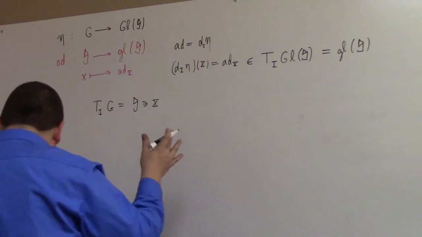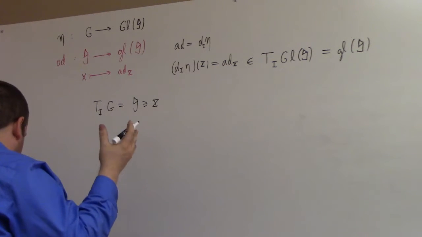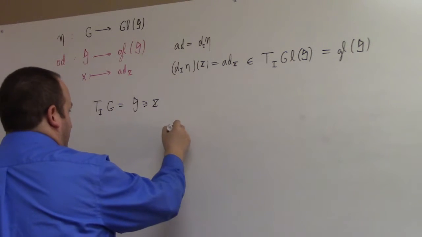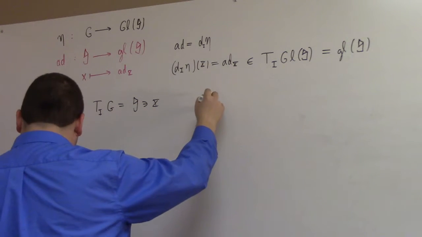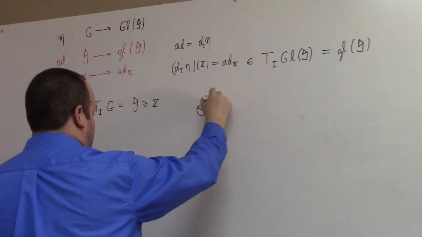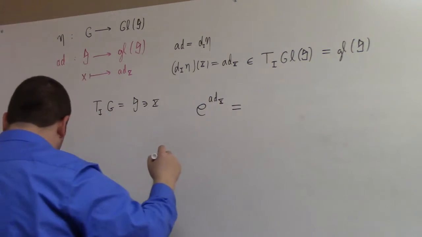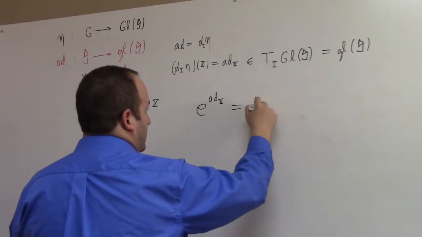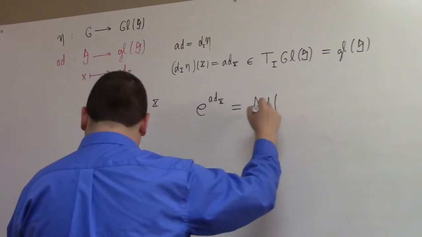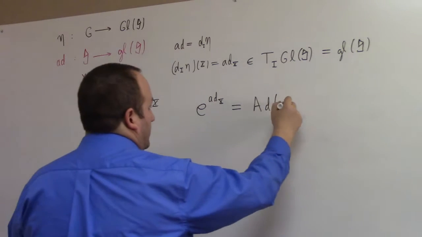He says there's a connection between the little ad and the big Ad, and his connection is this. So he says the connection is e to the adjoint of x is equal to the big adjoint of, what? E to the x.